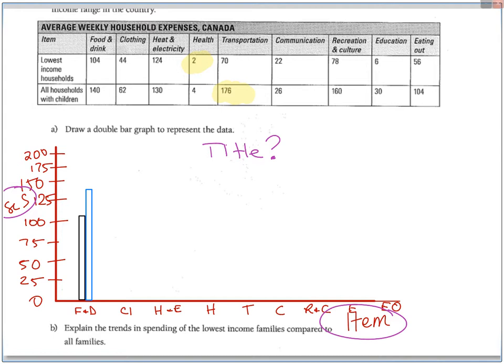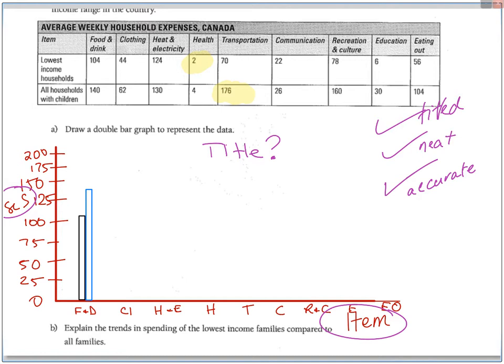So 3 things for the titles, that'd be a mark. And then probably a mark for neatness, and then probably a mark for accuracy. Is it neat? Is it accurate? Is it titled? So 3 marks.